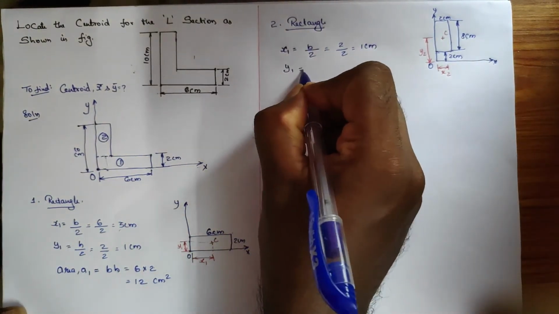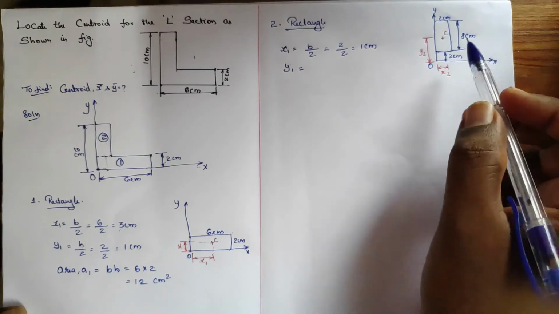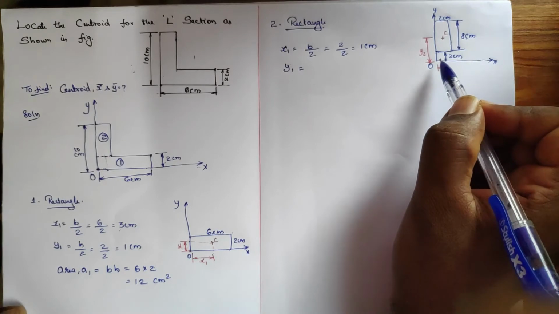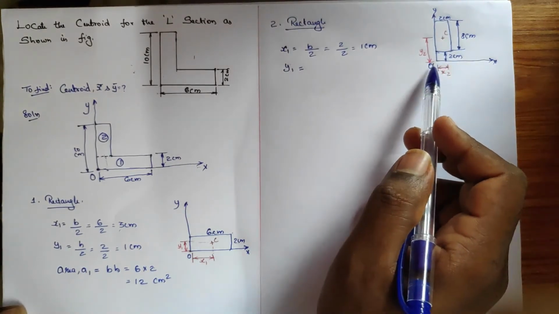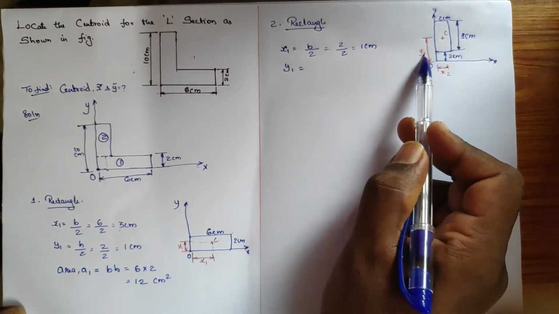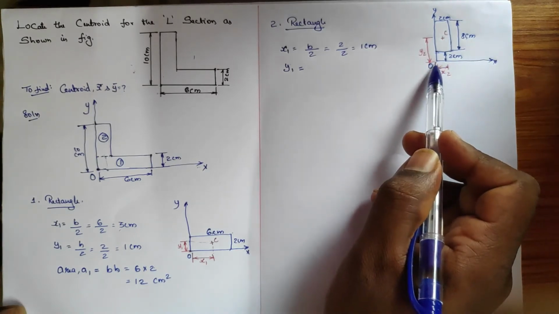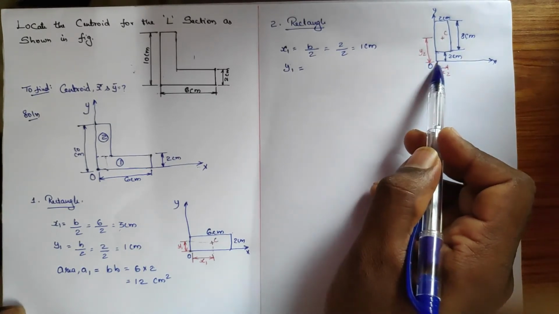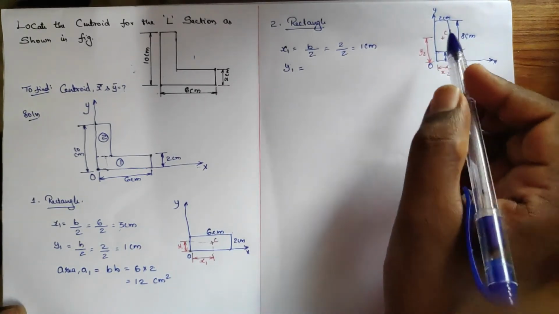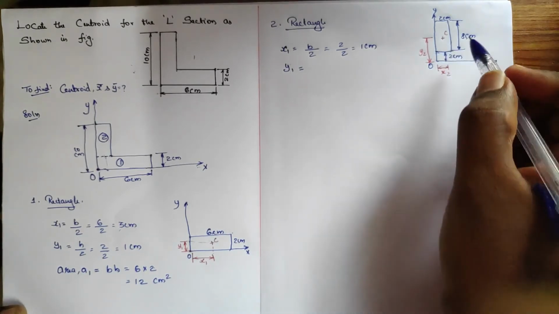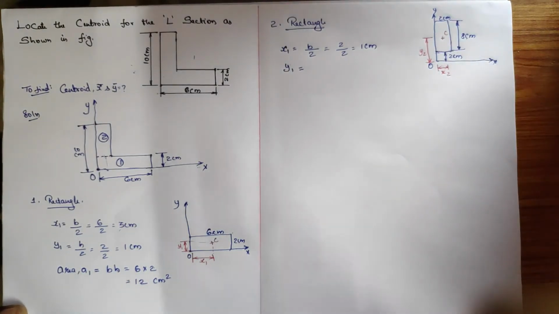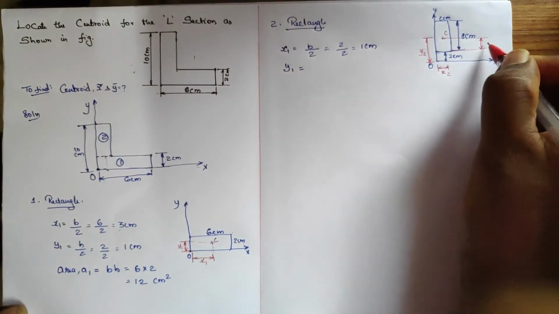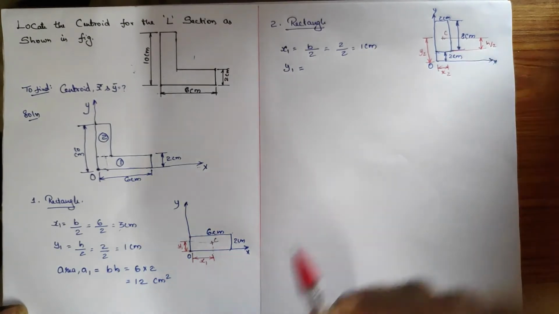And what about the y1? See, we are going to find the self-centroid, right? So from where we are going to plot, that is very important. From O to this y2 distance, from O to this centroid C in Y direction we are going to find it. Okay, we know the centroid formula for a rectangle up to this is h divided by 2, am I right?